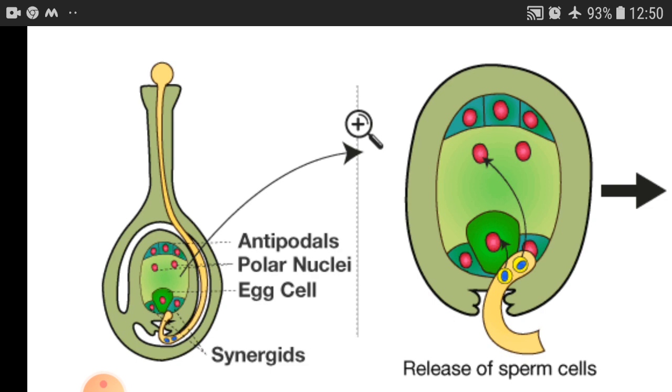Here they are sometimes 2-celled or sometimes at 3-celled stage. These pollen grains, which may be 2-celled or 3-celled, reach the receptive stigma of the carpel, and when they land there, they germinate and then start their growth.